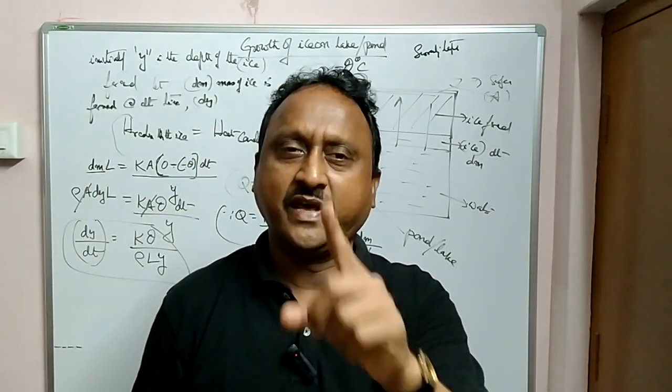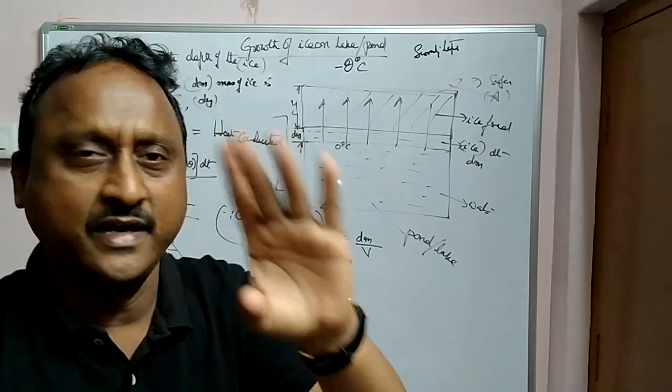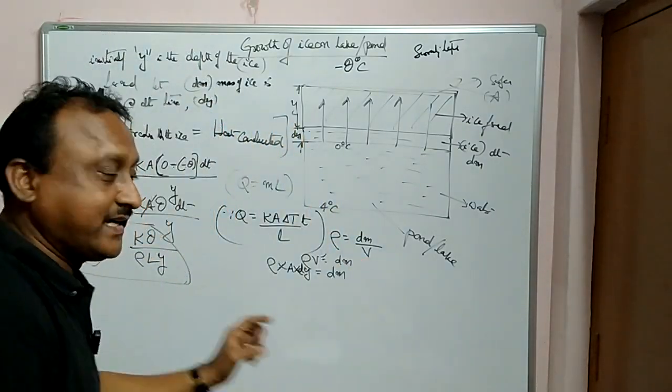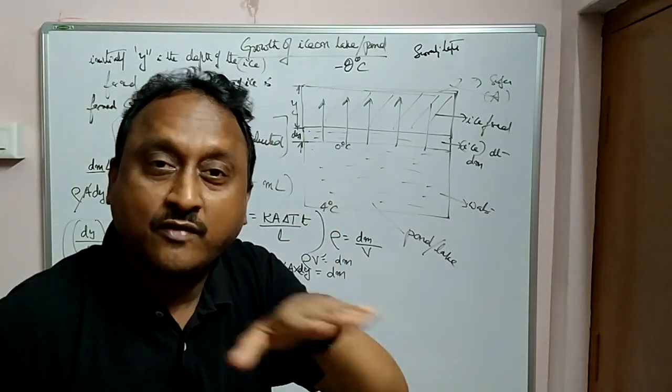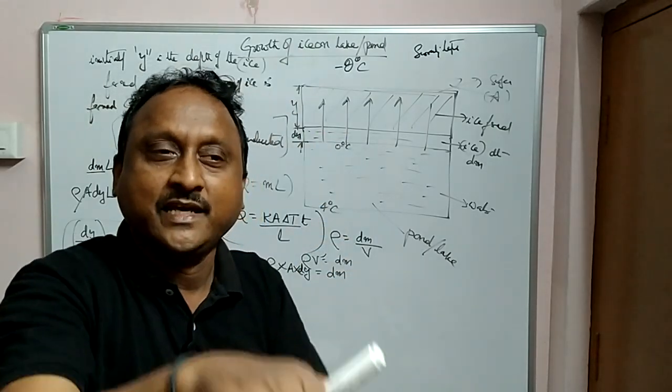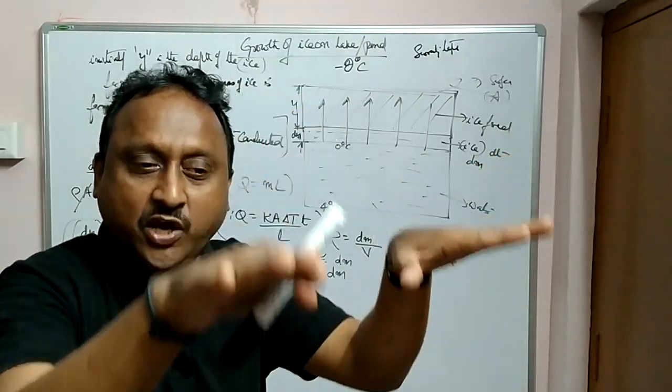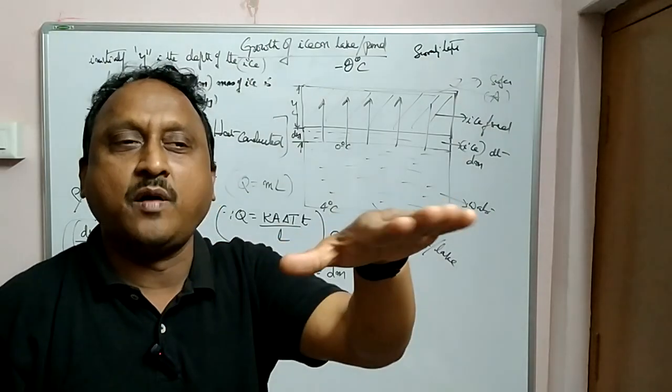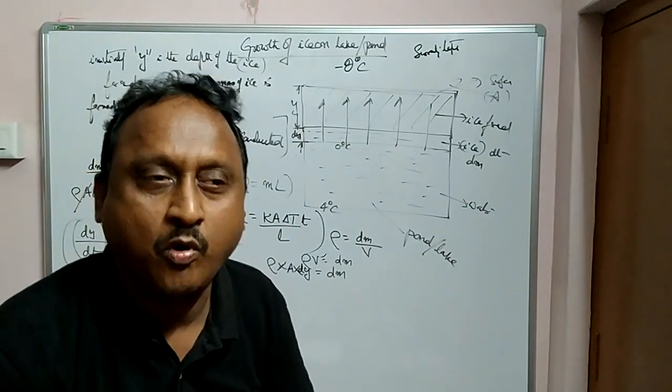Please observe carefully, this derivation is very important. It is important for 4 marks derivation. Here dy by dt is the rate of growth of ice on the pond or lake because of the temperature dropping. In colder countries, temperature drops below 4, then ice is formed on the top surface, and beneath it all water will be there.